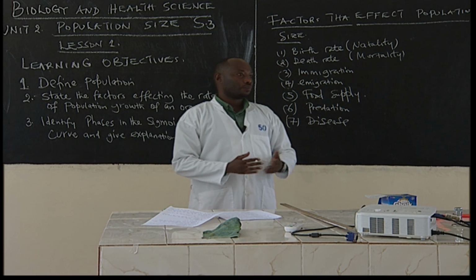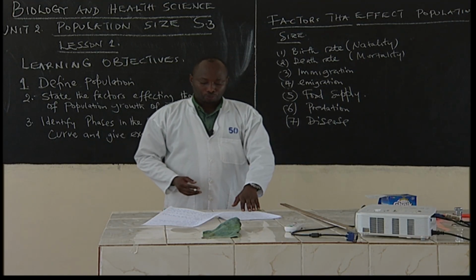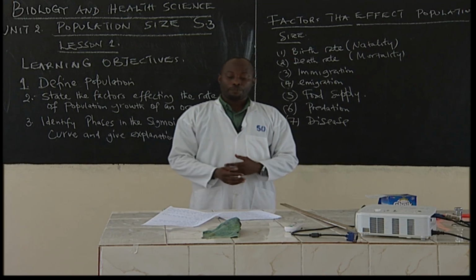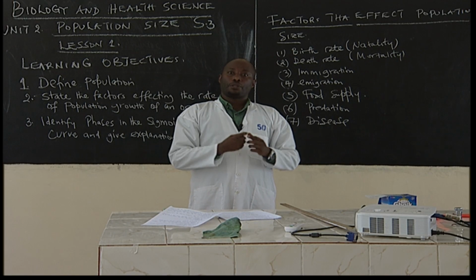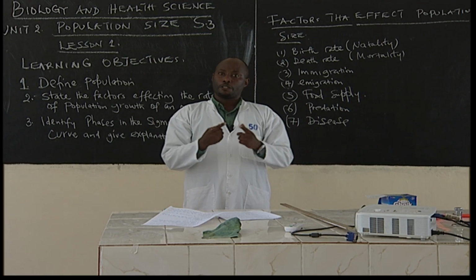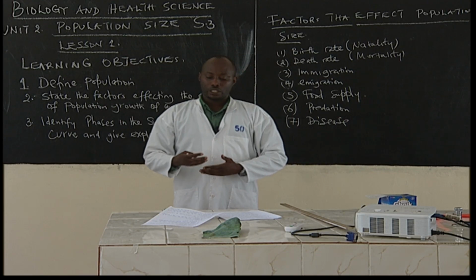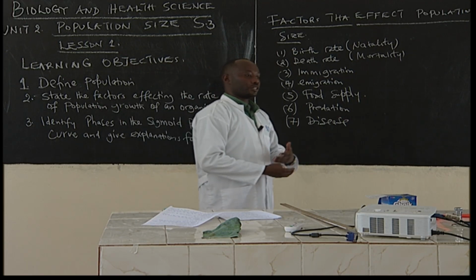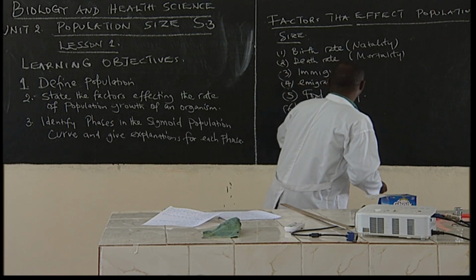A large population can be decreased because of an outbreak of disease, because disease can spread easily from one individual to another when the population is densely populated. It is very easy to reduce the population size very rapidly.